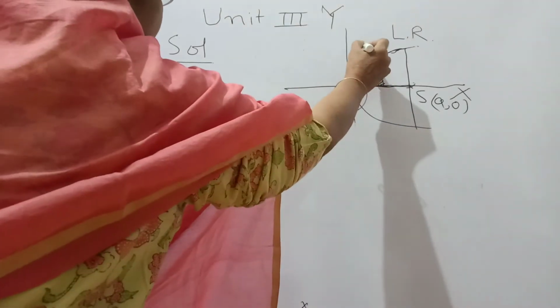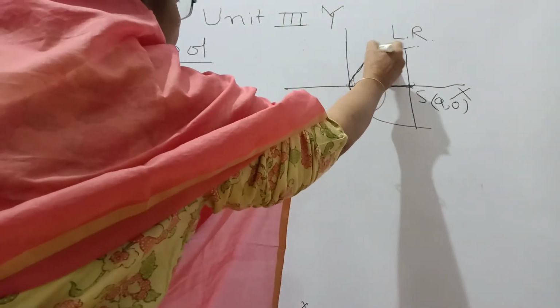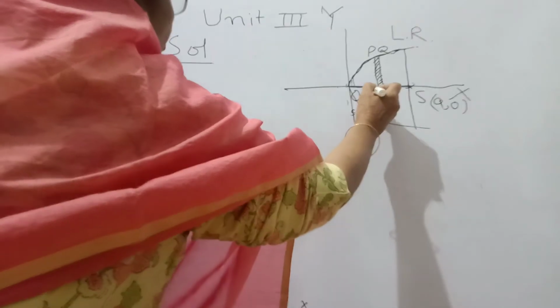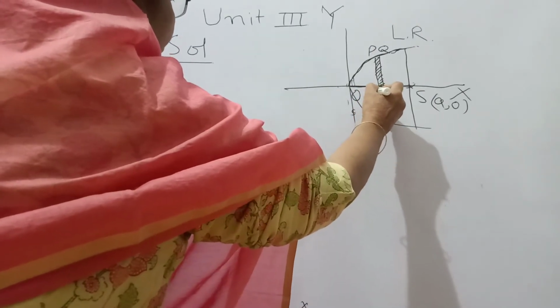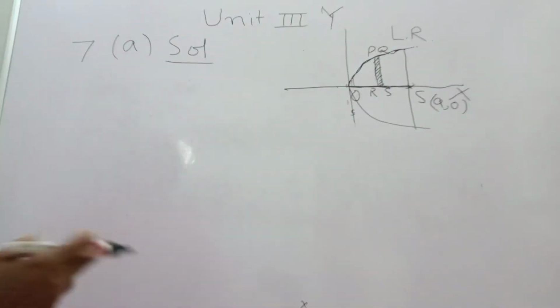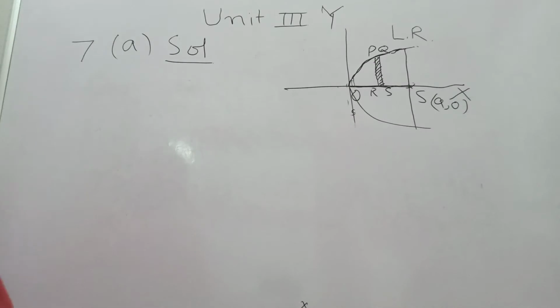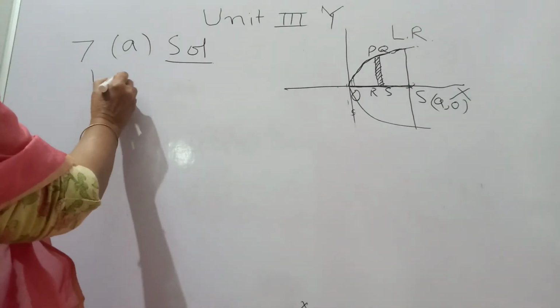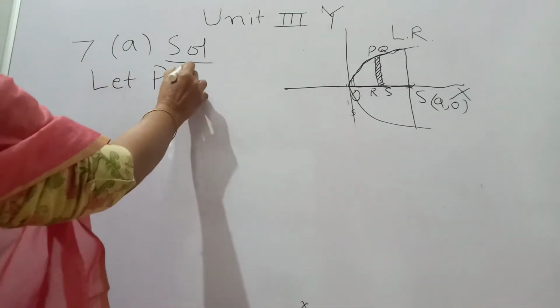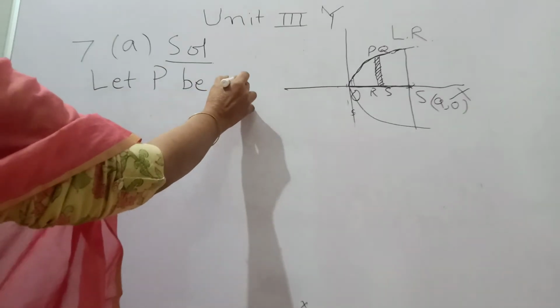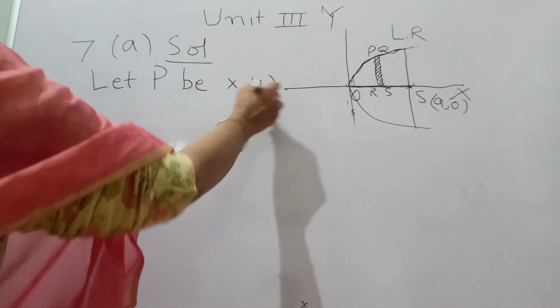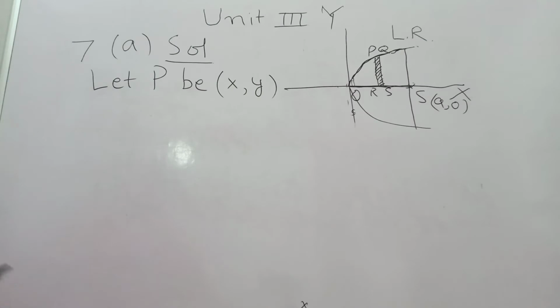Now let me name this strip P, Q, R, S. You can name whatever you like. Now let P be x, y. Now this question in particular is quite simple.